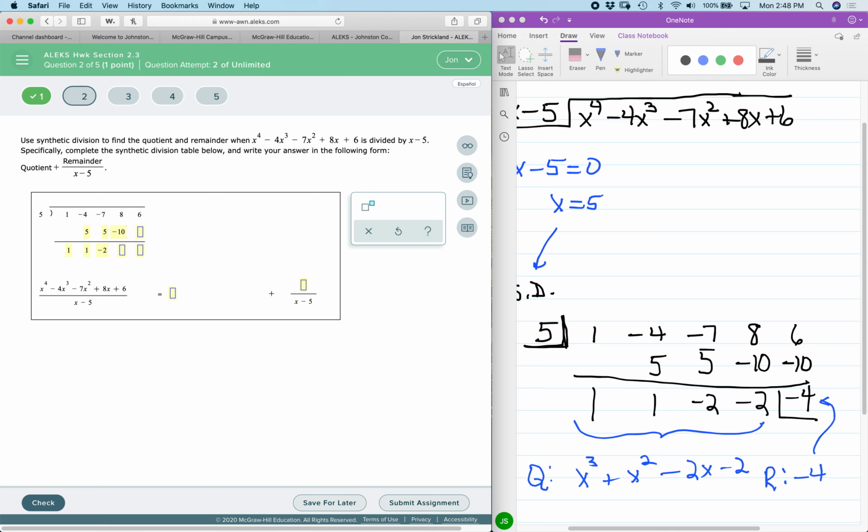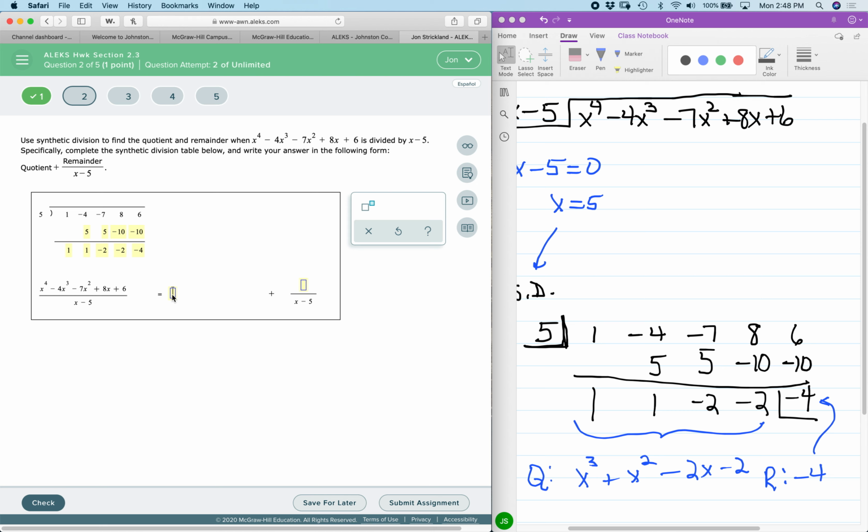You got negative 10, negative 2, negative 10, and negative 4.